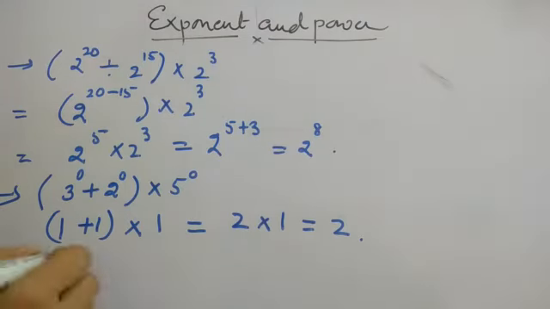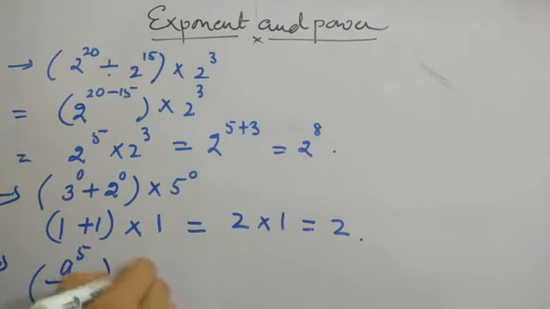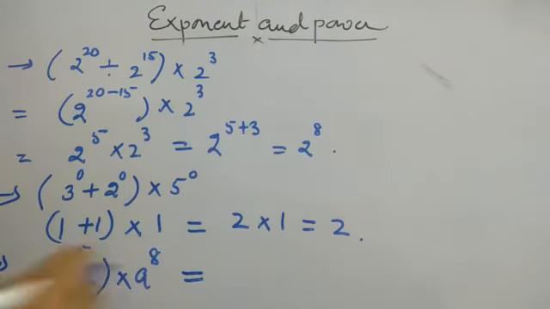The next we have a raised to the power 5 upon a raised to the power 3 into a raised to the power 8. So you can see they are the same base but they are being divided.